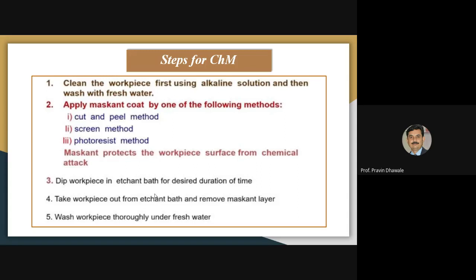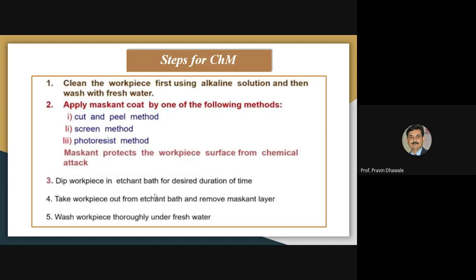After that, you have to take out the workpiece from the etchant bath and remove the maskant layer, after which you have to wash out this workpiece thoroughly under fresh water. These are the steps we use in the chemical machining process.